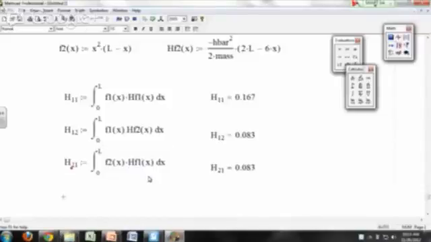So this is 2, 1, so this is f2 and this is hf1.